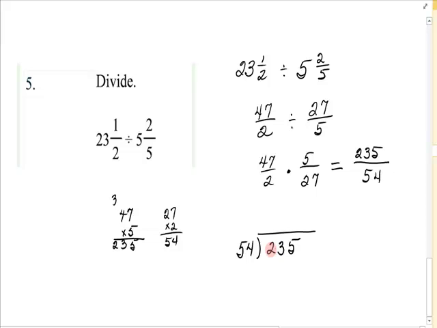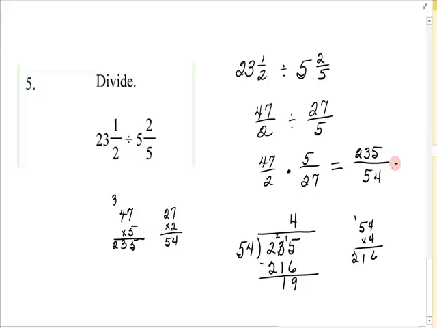54 doesn't go into 2 or 23, so it goes in here, and I have to guess how many times. I'm going to guess 4. So 54 times 4 gives me 16. Carry the 1, that's 216. That'll do. I subtract, have to borrow, gives me 9 and 1.